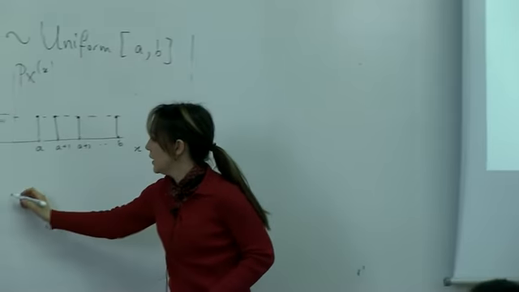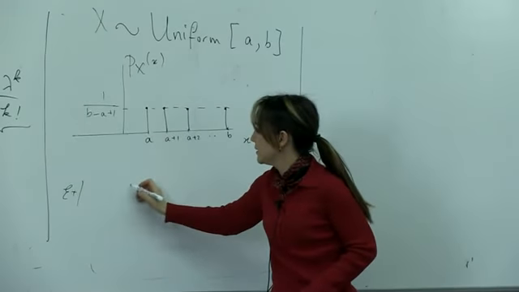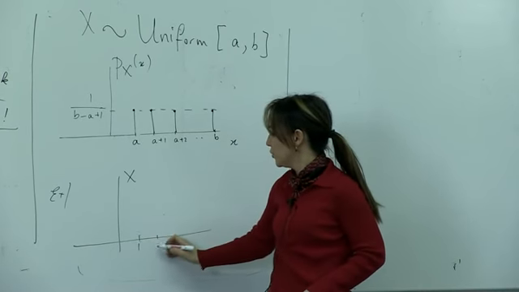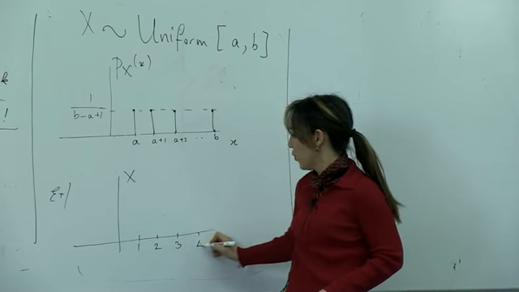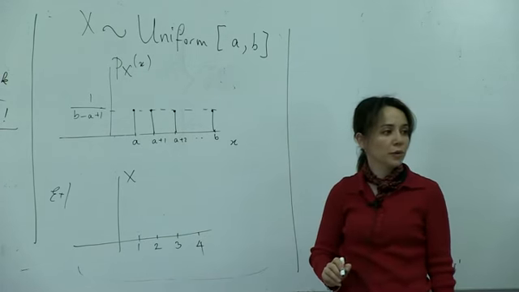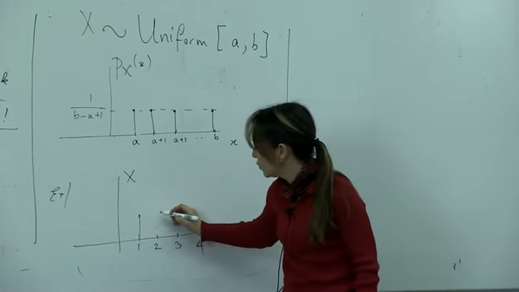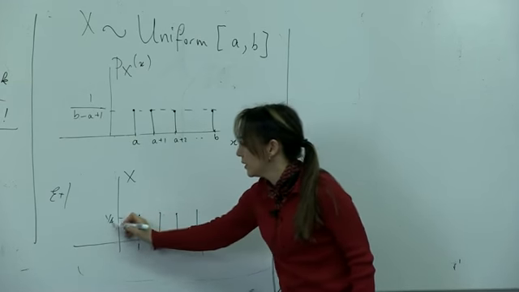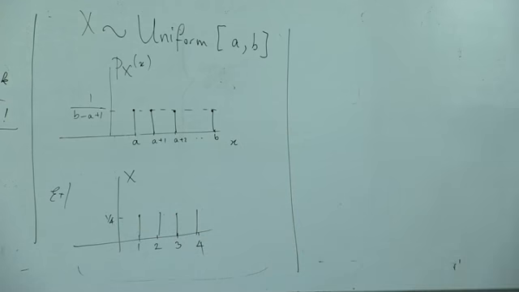So x takes the values 1, 2, 3, and 4 with equal probability, 1/4 each. Is this uniform? Yes.